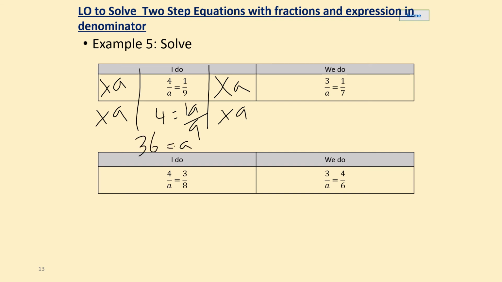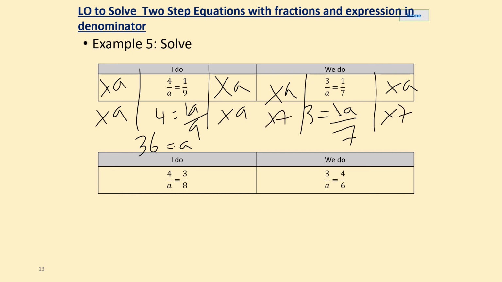So A equals 36. And what do I do here? Yep, multiply by A. So 3 equals 1A over 7. Then multiply by 7. 3 times 7 is 21, so A equals 21.